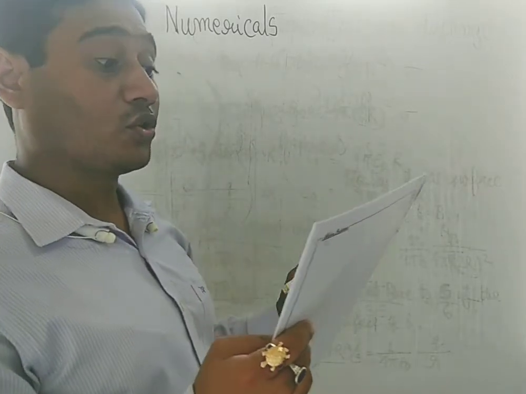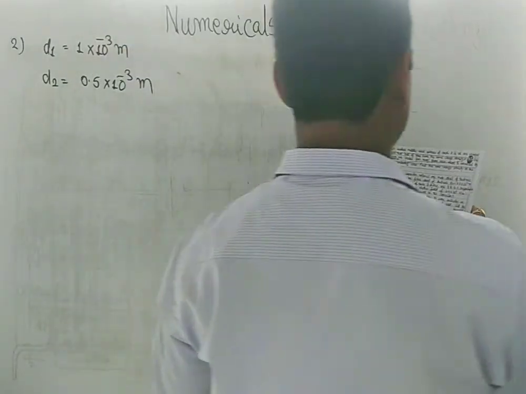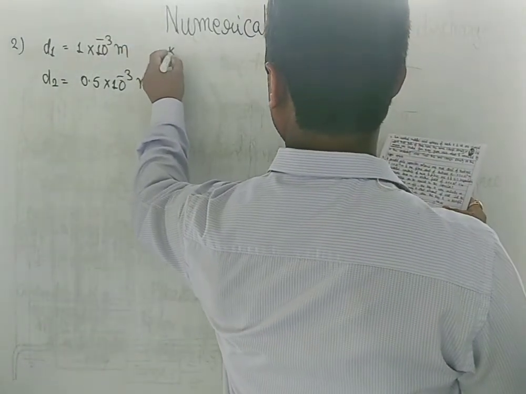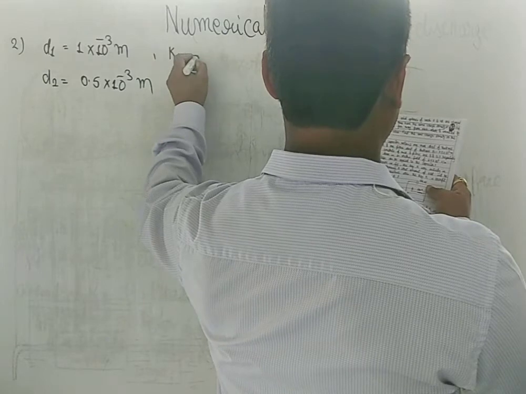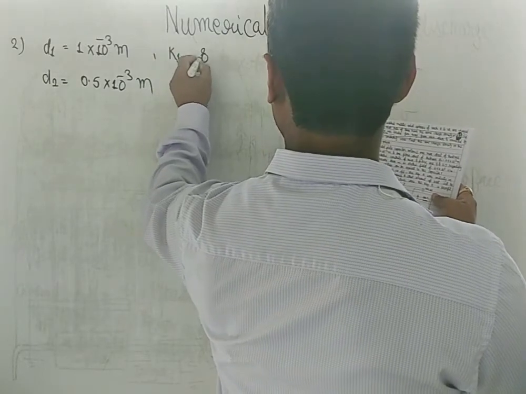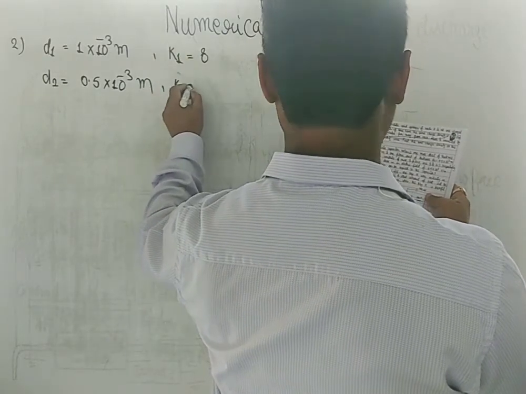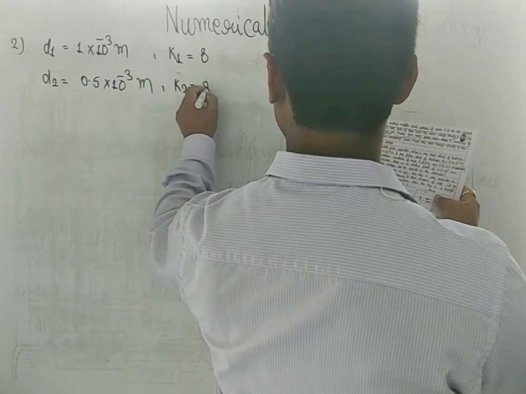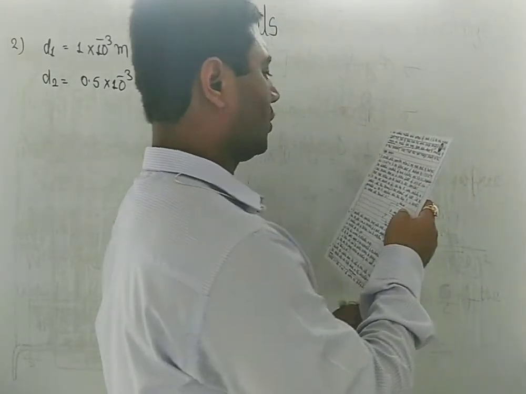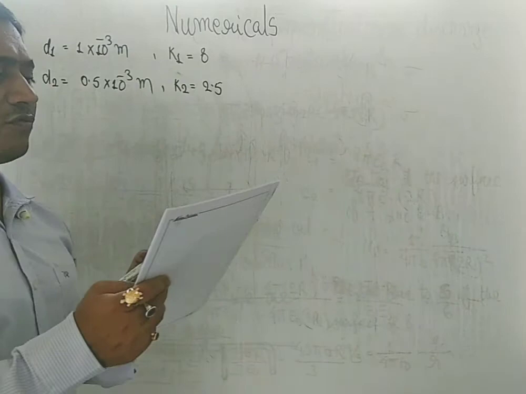The dielectric constants of mica and fiber are K1 equals 8 and K2 equals 2.5 respectively.